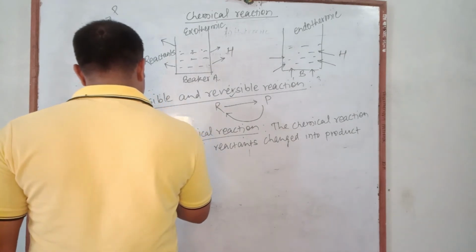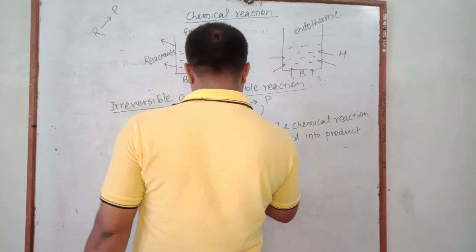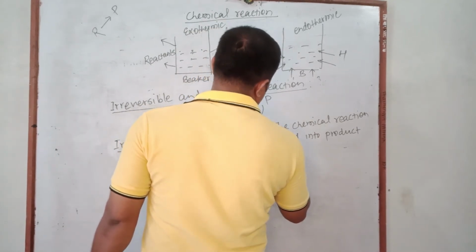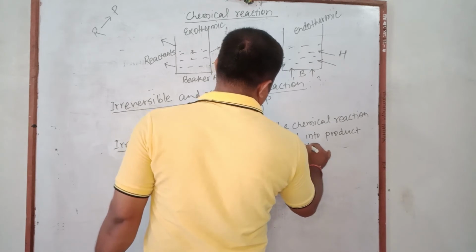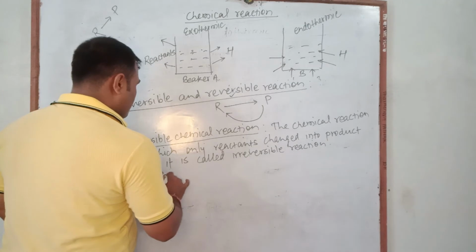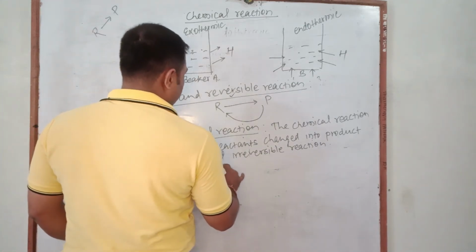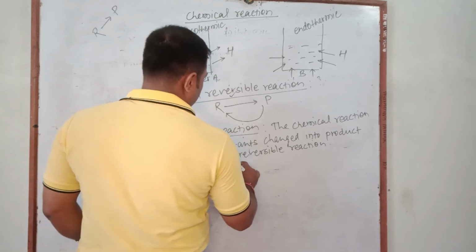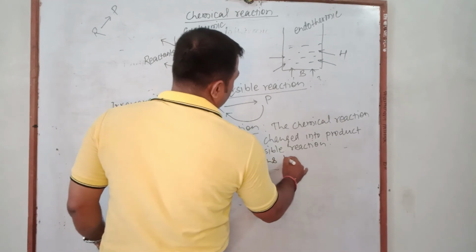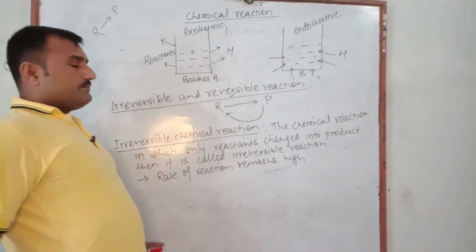Then it is called an irreversible reaction. In an irreversible reaction, the rate of reaction remains high, and due to that reason reactants change into product.